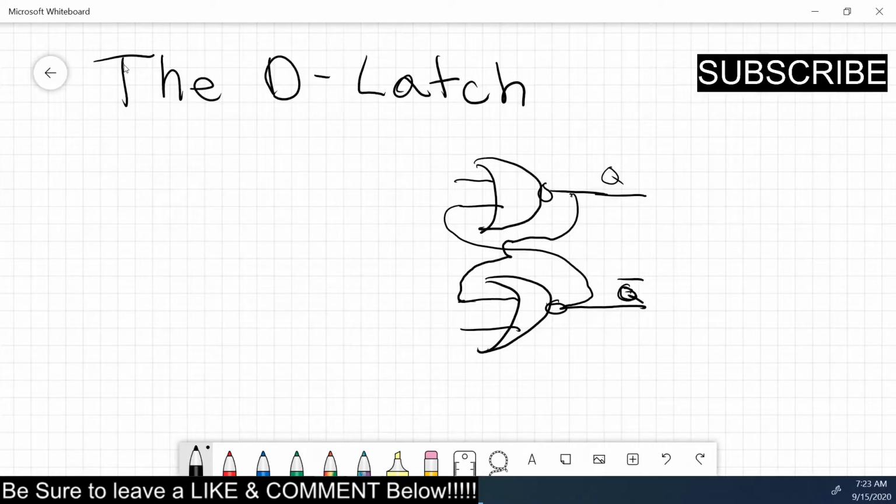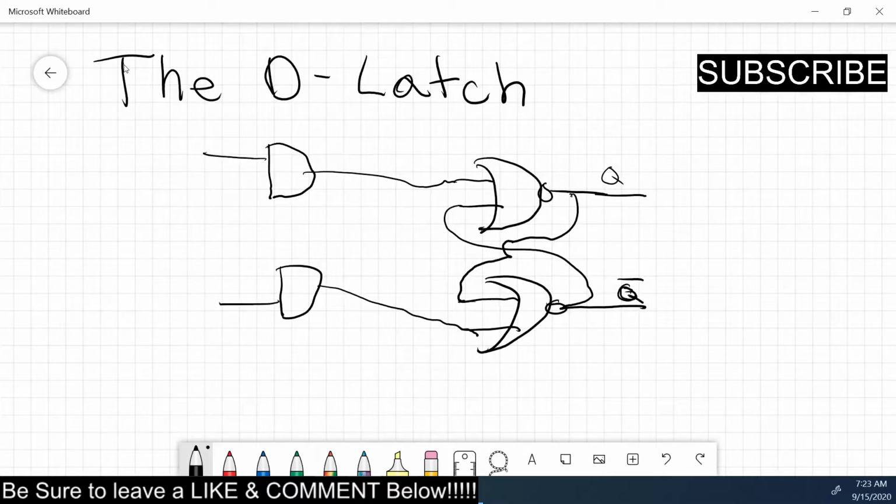Okay, and then you would have your reset and set here. And then when we added an enable, we added an AND gate here and an AND gate here. This AND gate fed to this one. Sorry for my drawing skills. And then this was your R and S, and then you had an enable right here.